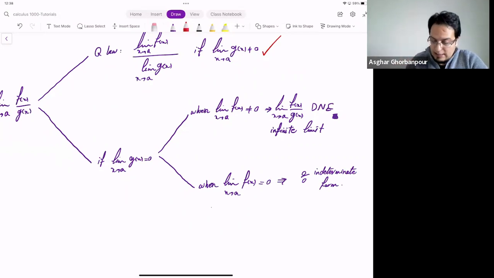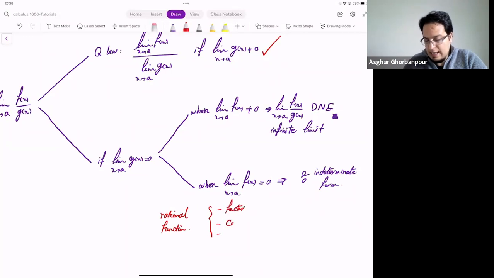And for the cases where at least we have rational functions, or in other words, a numerator polynomial over a denominator polynomial, we do these 3 steps to resolve this indeterminate form: factor, cancel, and then take the limit again.